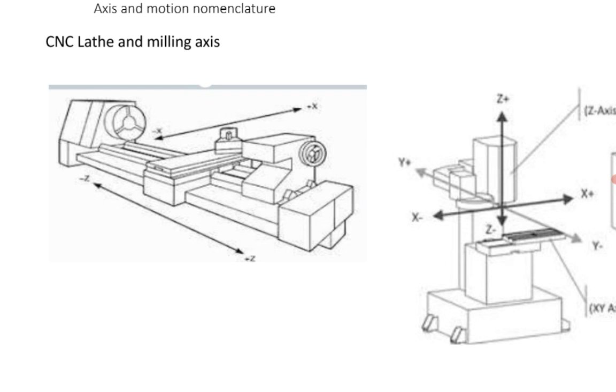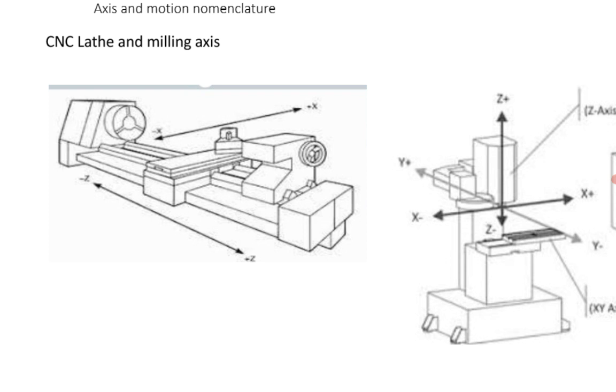One direction is positive and the other direction is negative. In the z direction, when the cutting tool moves near to the workpiece or the job, or towards the chuck, that is taken as negative, minus z. Whereas if it moves away from the workpiece or the chuck of the lathe machine, then it is positive.